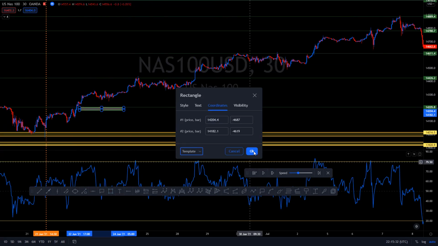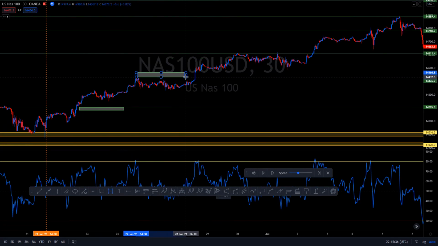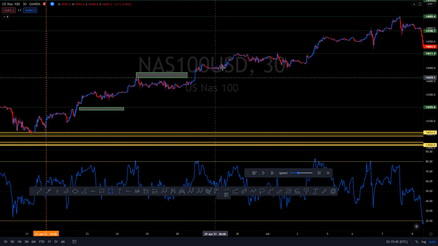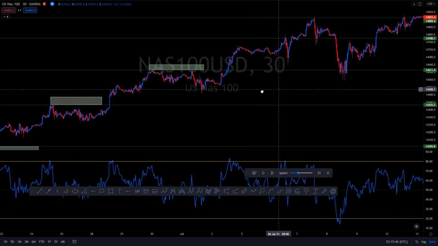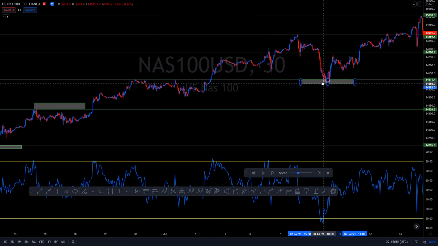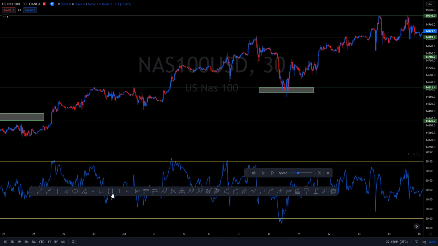We're going to make these clear and green. Actually, I'm going to move this over to here. Yeah, that's better. Then the other one's going to be here.